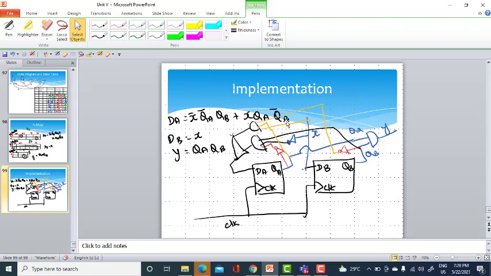Both of them have to be XORed, and this is an OR gate and I am giving it to DA. Y is nothing but QA into QB, I am multiplying them and taking the output Y. This is the implementation for the Mealy machine sequence detector for the 101 sequence. Okay, with this I will stop today. Thank you.